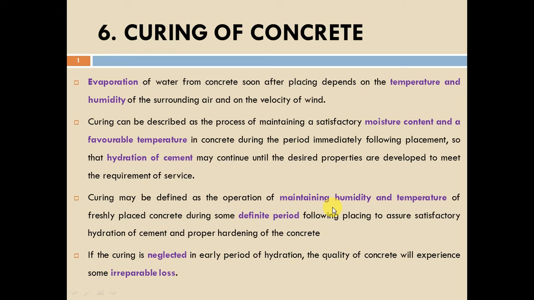That's why after concrete is placed, we have to make sure that there is no evaporation of water from the surface. The concrete has to be completely moist, completely wet, so that the hydration of cement process gets completed. So the method to keep the hydration of cement in process is called curing.